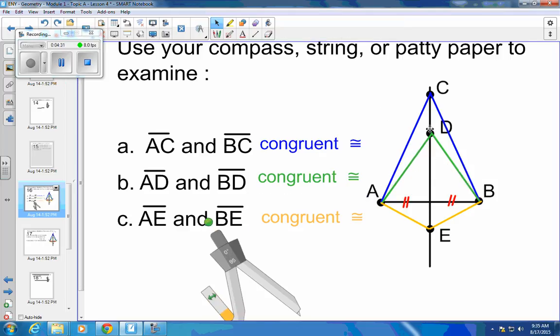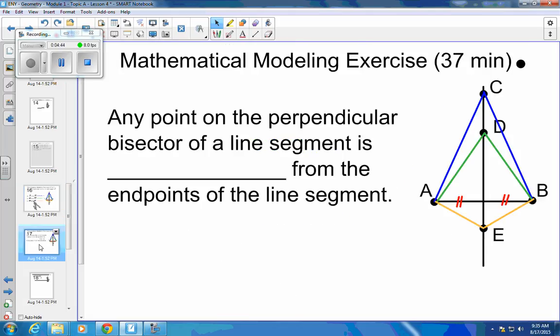So that's 3 different points all on our bisector, and all 3 points are the same distance to the endpoints of the segment they were bisecting. So we can state that any point on the perpendicular bisector, this CE line or CE segment, of a line segment is blank from the endpoints of the line segment.